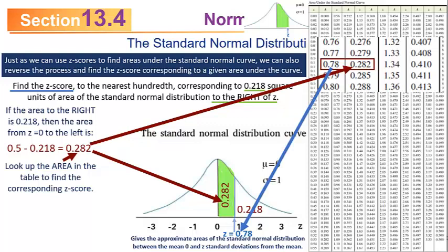So now we know the z value of 0.78 will produce an area from 0 to 0.78 of 0.282, which means that the area to the right of z is 0.218 as stated in the problem. Just have to think about it and go step by step.